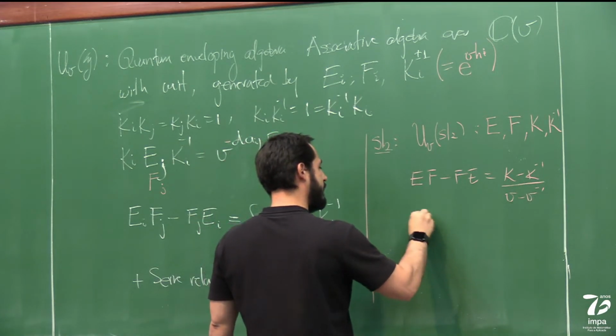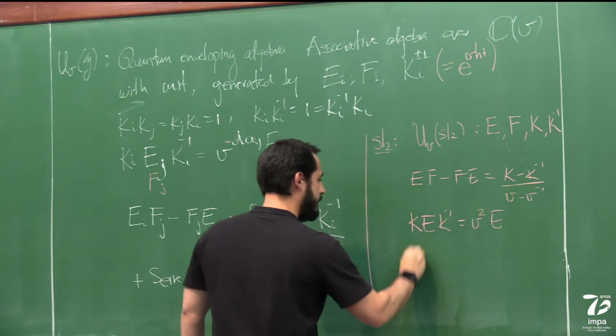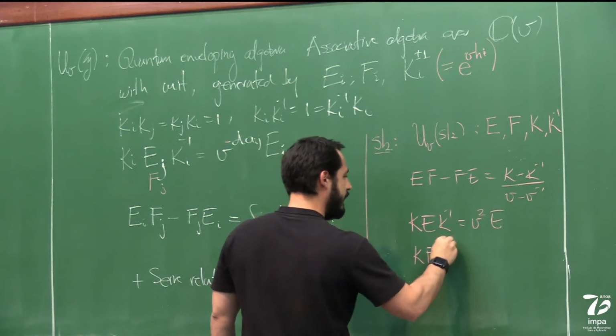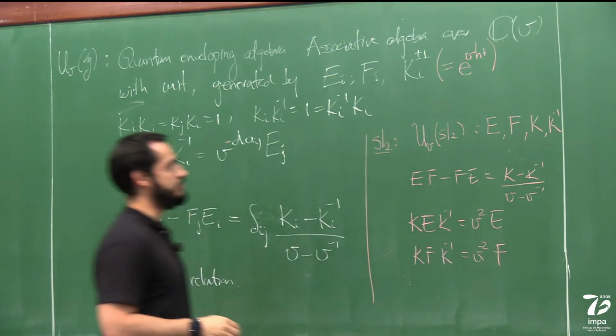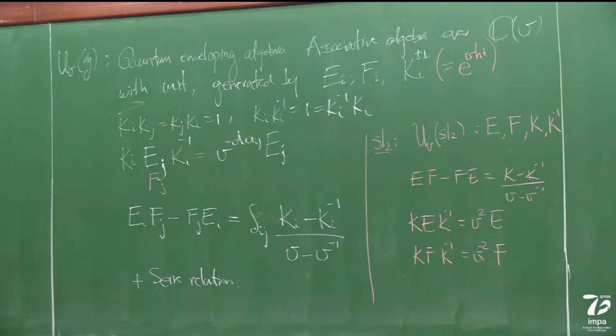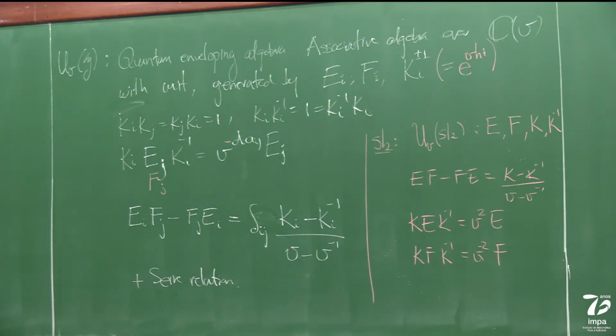K E K inverse is B to the 2 E, and K F K inverse is B to the minus 2 F. And this is just, for example, the SL2 case, the simplest case. We don't have the Serre relations, so this is good enough for us.